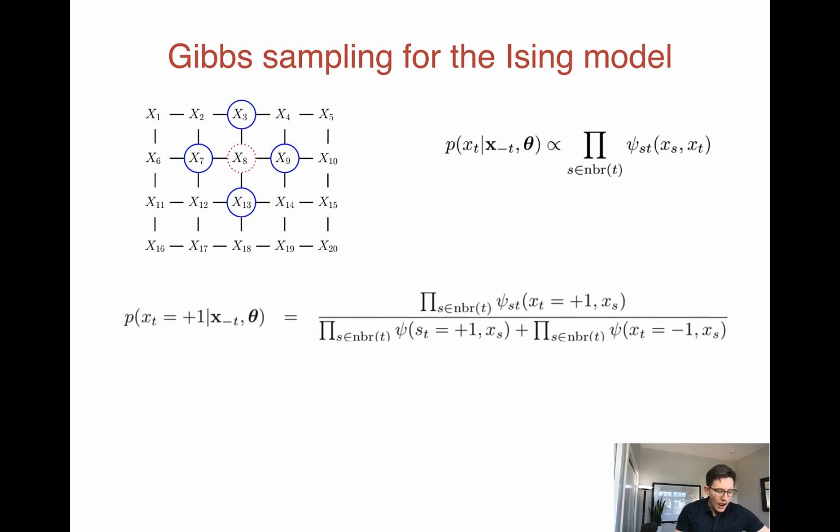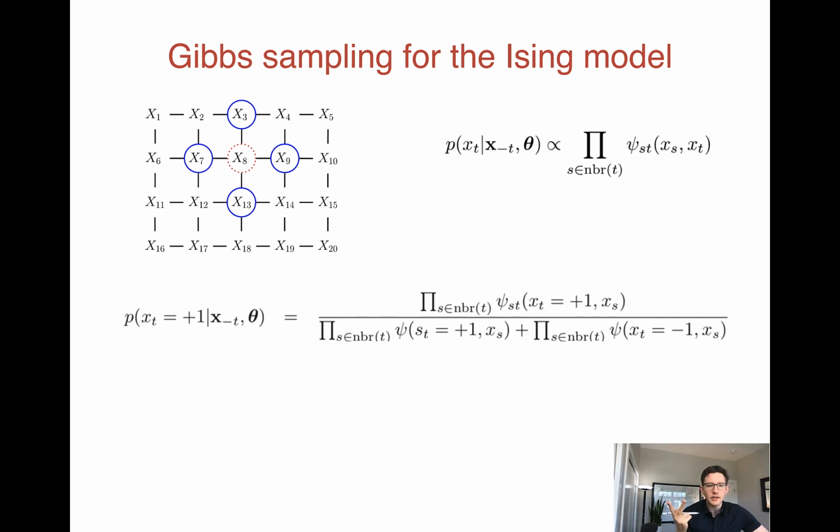To do Gibbs sampling, there's only one derivation step that we need to do before we can start running it, and that is to derive the full conditional expression. That is, I need to figure out the probability of xt equals each of its two values.